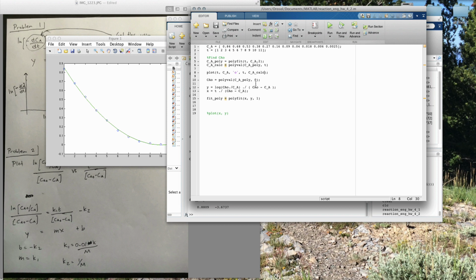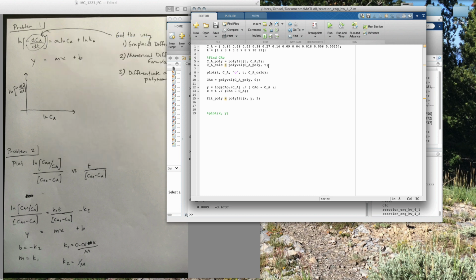So in this case, it calculated at point t, and in this case I'm calculating at point 0 to get Ca naught. I don't think this was required, I just did it because it seemed better to me than just sticking in 0 for Ca naught.